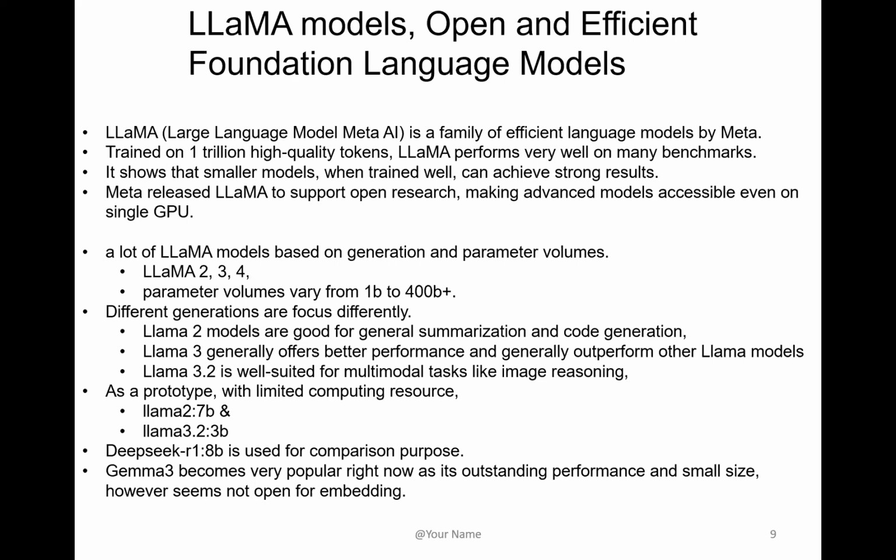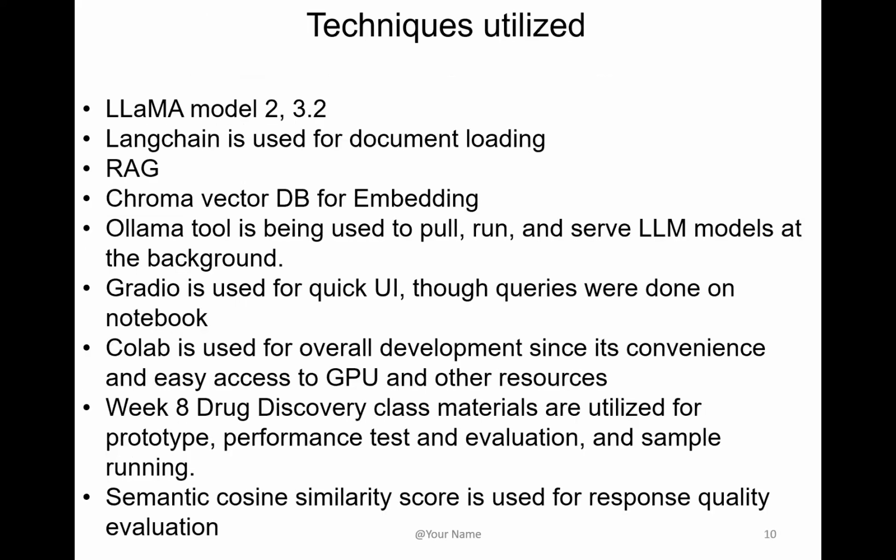Llama 3 became popular for its small size and good performance. However, after trying, it seems it's not open for embedding yet. So we're using Llama 2, Llama 3.2, and DeepSeek R1.